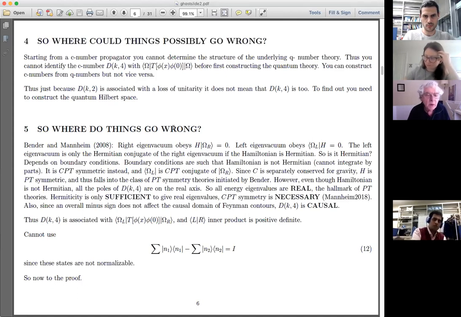Now, in gravity, C is all separately conserved because the gravitational field is C even, and so CP symmetry defaults to PT symmetry. And so this theory falls into the class of PT symmetry theories, which were initiated by Carl Bender. However, even though the Hamiltonian is not Hermitian, all the poles of the propagator are on the real axis.